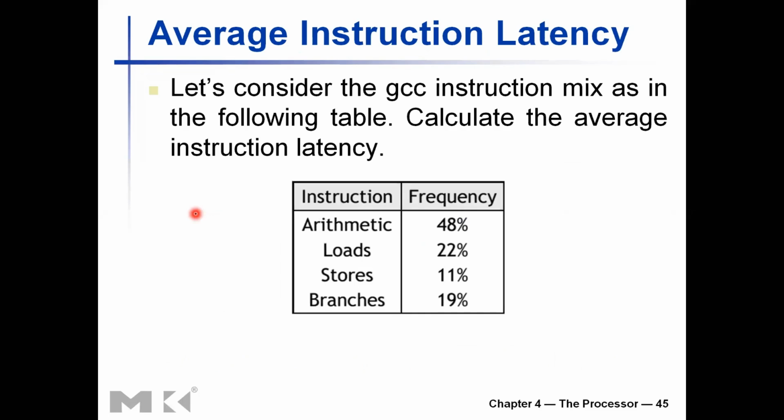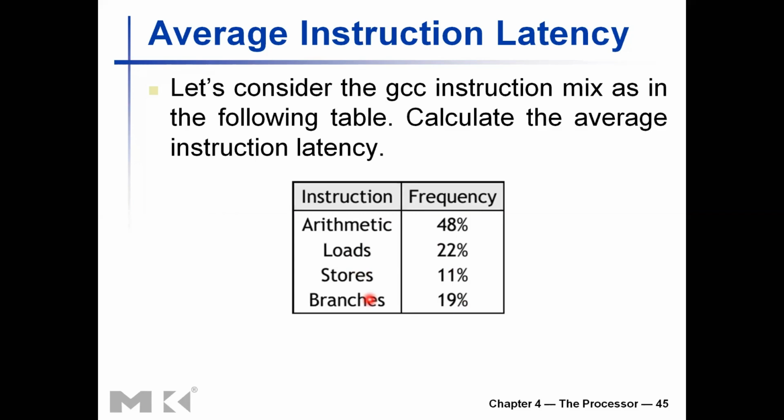I'll take only a few more minutes to wrap this topic up so you can start the lab tomorrow. So now if we consider a program after the assembling is done, if the composition of the instructions is like this: 48% of the program are arithmetic instructions, 22% are load instructions, 11% are stores, and 19% are branches.